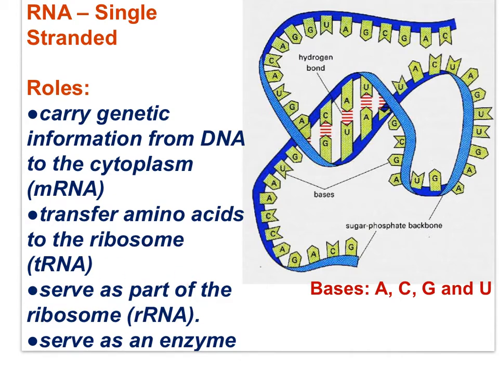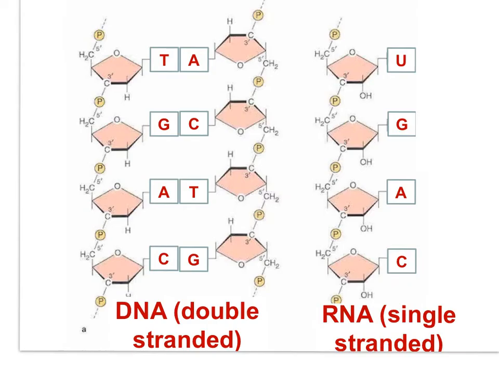As well, RNA can serve as an enzyme. Stay tuned. DNA bases include A, C, T, and G, while RNA has no thymine and instead uses a similar pyrimidine base known as uracil.